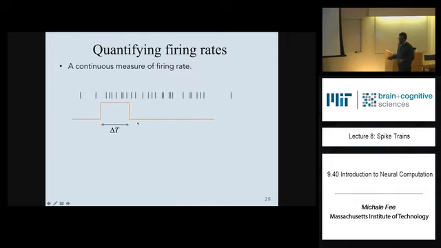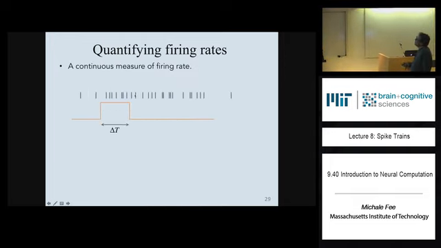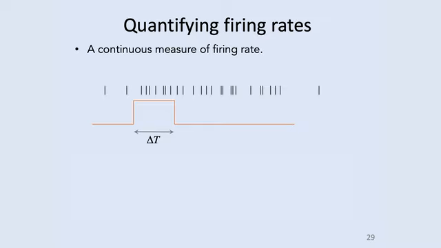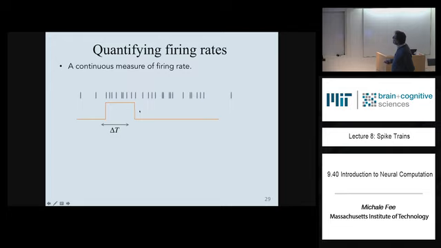So another way to do this is to quantify firing rates in bins that are shifted to all possible times. For example, we can take a window where we have 0 everywhere except within this window.